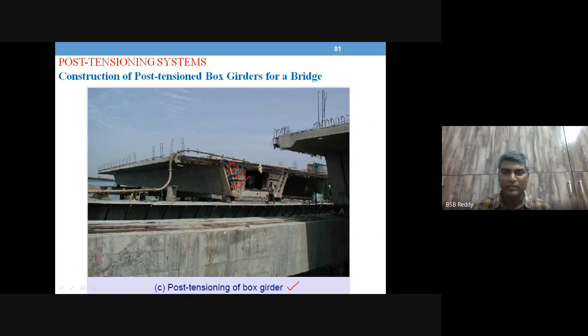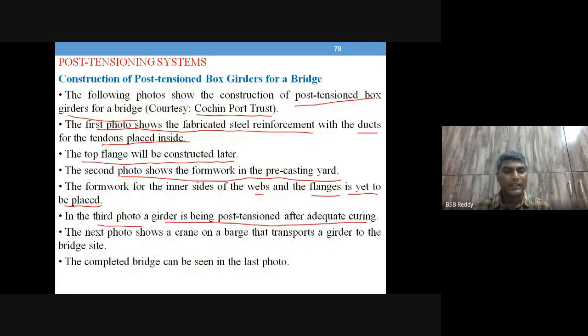So tensioning operation is also being done. Then the next photo shows a crane on a barge that transports a girder to the bridge site, and in the last photo you can see the completed bridge.